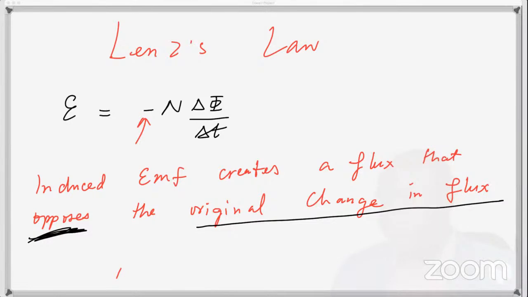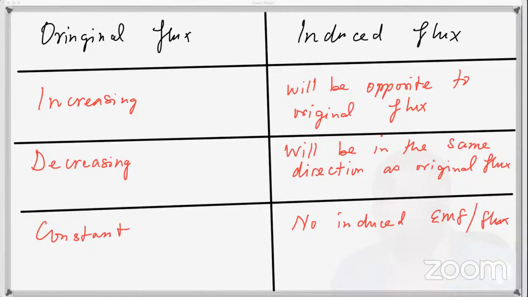So there'll be no induced flux, no induced EMF. Nature will do nothing because nature wants the flux to be constant. So nature only kicks in when the flux decreases or when it increases. When it decreases, the reaction is to create new flux in the same sense. If it increases suddenly, then nature creates opposite flux to counteract the increase. And the whole goal is to return it to the constant value.